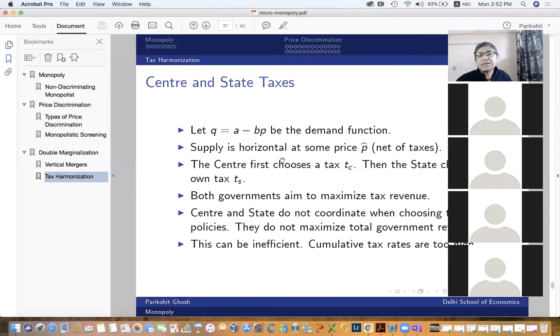Rates are decided at that level. And then the revenues are shared by the various tax authorities. So it's almost like a merger of the various tax authorities, instead of fiscal competition between them. Now, is that good for economic efficiency or not? There's some reason to think that it's a good thing.